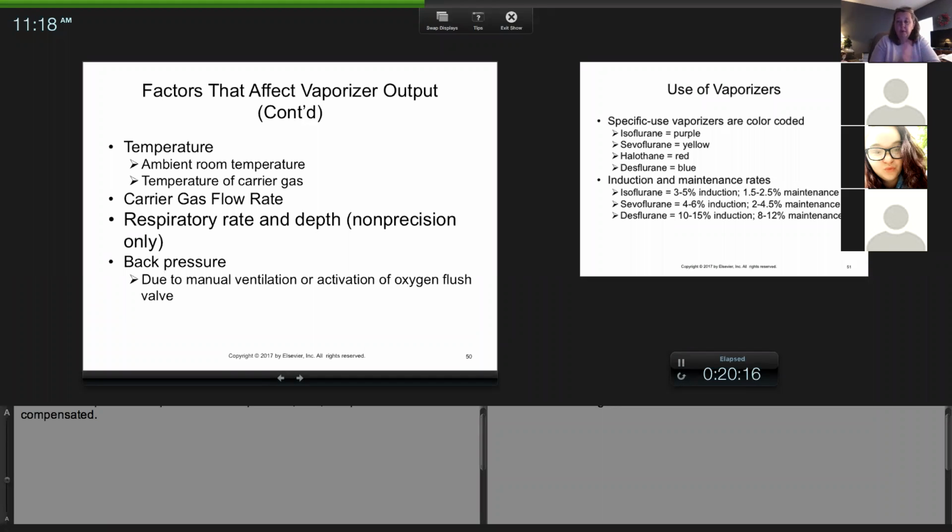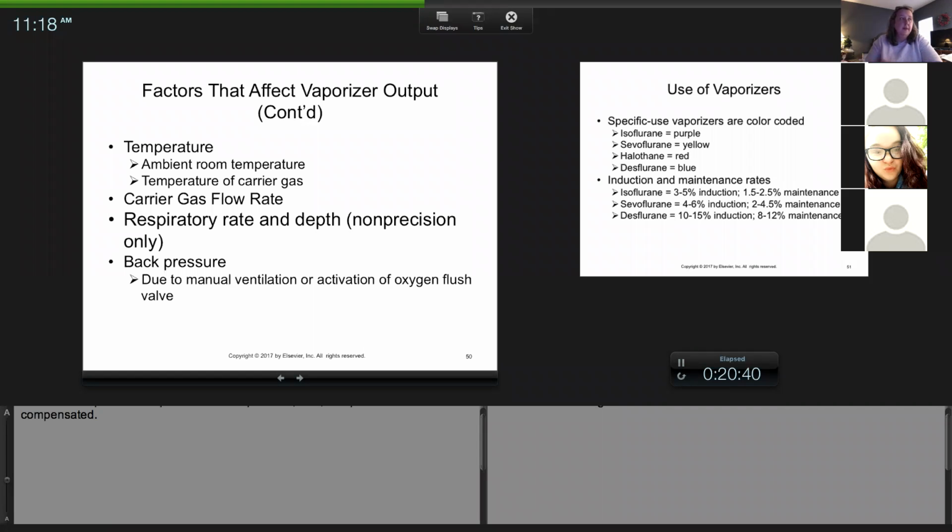With a precision vaporizer, the respiratory rate has no effect on the concentration. That's all because it's out of the circuit. It's not within. Now, sometimes back pressure can affect the concentration when you manually ventilate, but that's more with your non-precision versus your precision vaporizer.